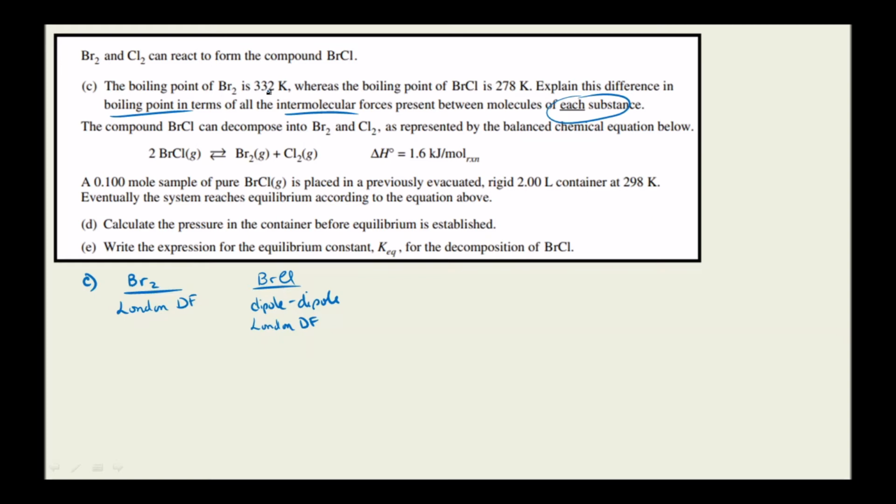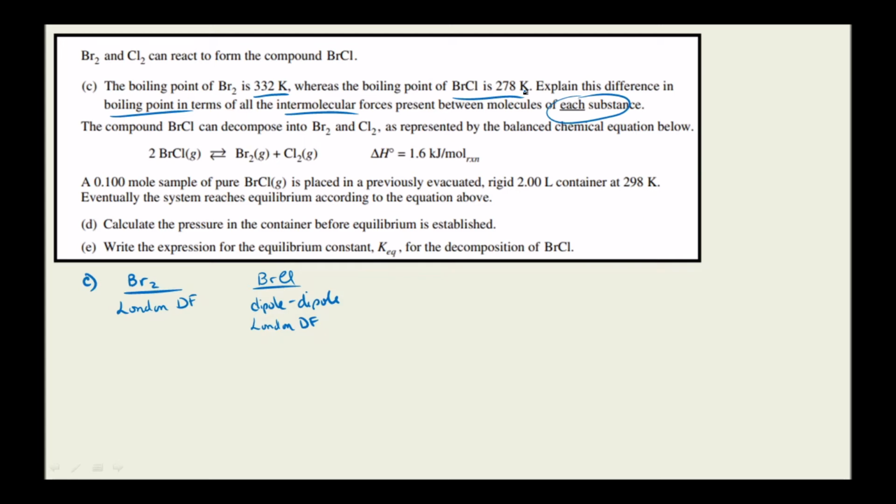Now we need to look at the difference in boiling point. So Br2 has 332 K and BrCl has 278 K. So initially you might think, well, BrCl, bromine monochloride, has 2 intermolecular forces at work, and dipole-dipole forces are generally stronger than London forces.